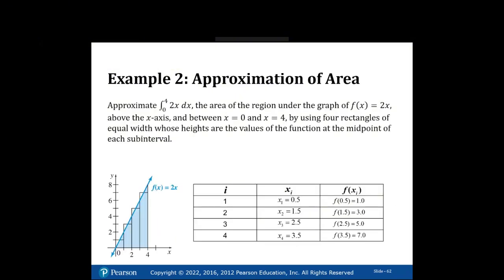So here, we're going to approximate the definite integral from 0 to 4 of 2x dx, which is the area of the region under the graph of f of x equals 2x. And it's above the x-axis, and it's between 0 and 4, because that's what my interval is here.